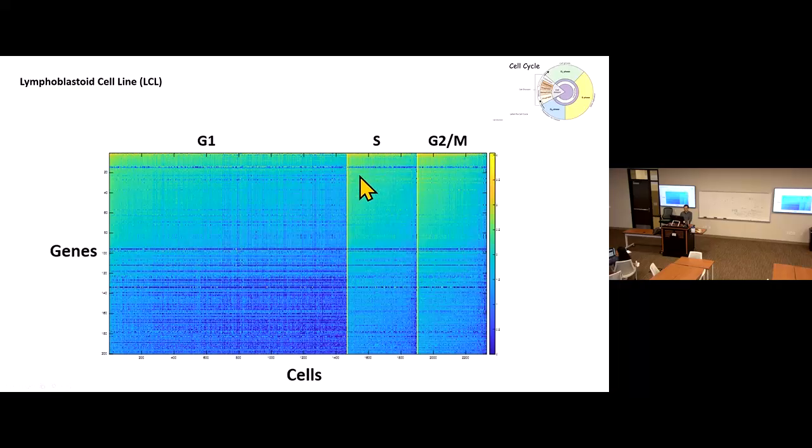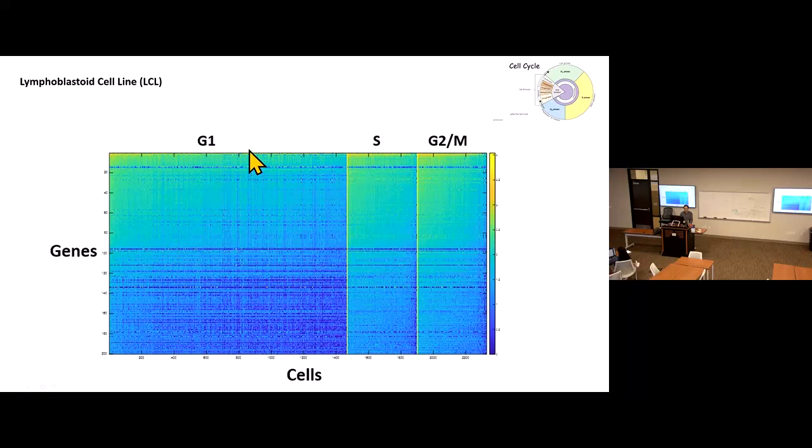The yellower color means the expression level is higher for those genes. S phase and G2 phase cells have higher overall expression, no matter which gene, because they are larger cells with more DNA and RNA. They are ready to be divided.